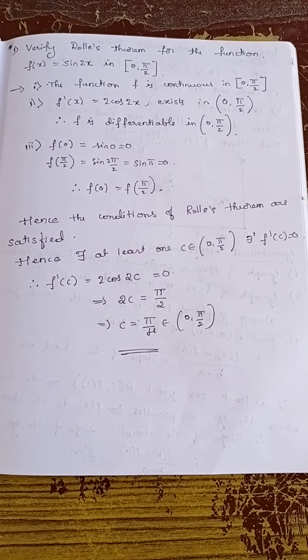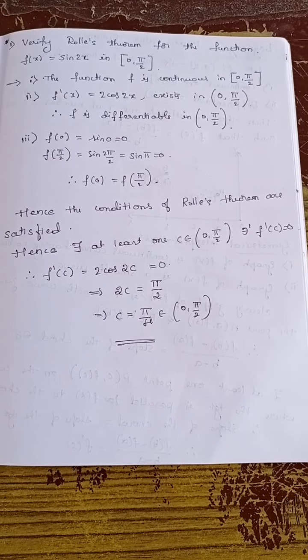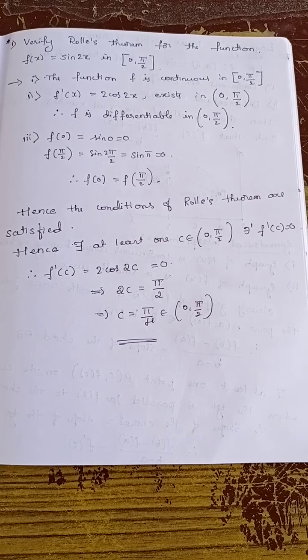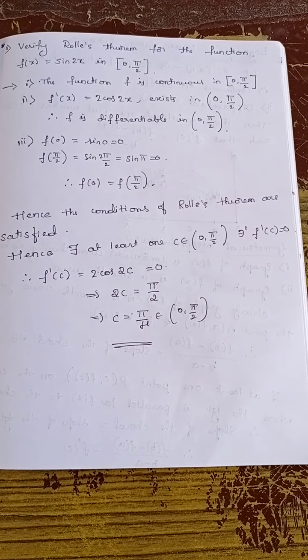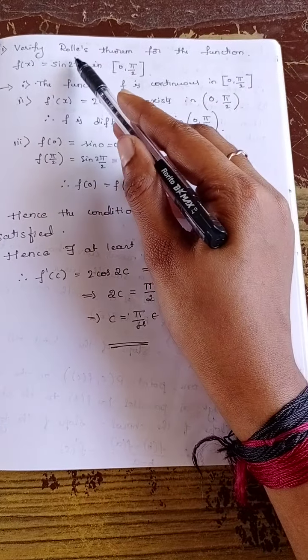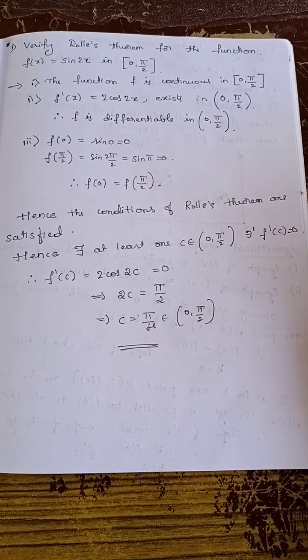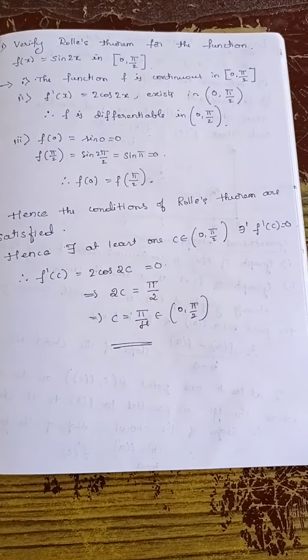Let us discuss some problems based on Rolle's theorem and Lagrange's mean value theorem. First, verify Rolle's theorem for the function f of x equal to sin 2x in 0, pi by 2. Sin 2x is a trigonometric function, and every trigonometric function is continuous and differentiable.